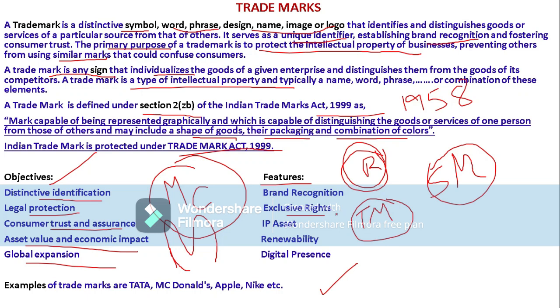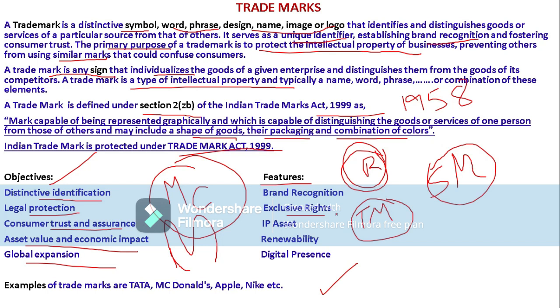No other person can use that symbol, name, design, logo or image; any sign cannot be used by a competitor. That is known as the exclusive right given to the owner of a registered trademark.